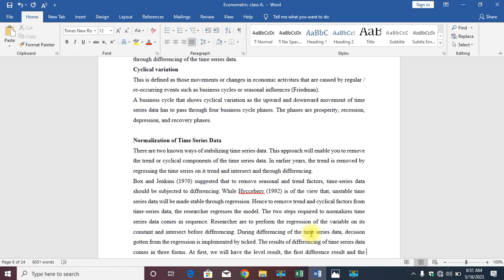It only has intercept or none. So the significance of this class is to enable us know that the time series data we are using is expected to be subjected to this procedure before it can be used meaningfully.